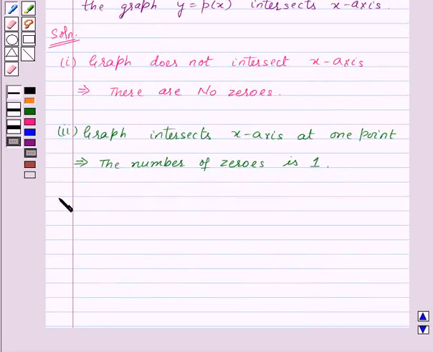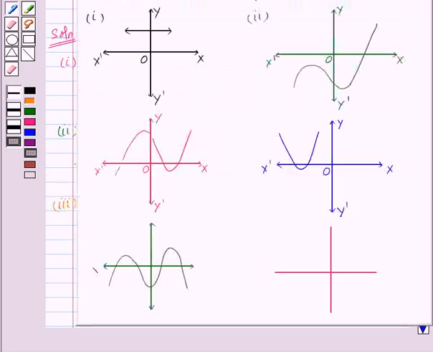Let's move on to third part. Here is its graph. In this, the graph passes or it intersects the x-axis at this point, then this point, and at last at this point. So there are 3 points where the graph intersects the x-axis.